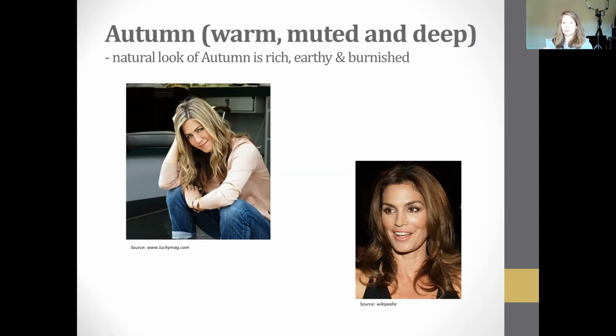They're all very similar in tone, and that's where that muted element comes in. And then obviously she's got the darkness that goes with her hair colour and also her eye colour. And her skin tone is warm, so it's got the yellow undertone to the skin.